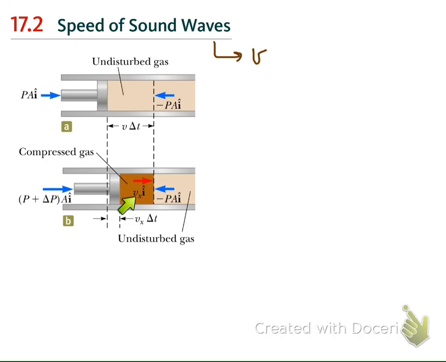That is, the velocity is Vx. Okay, this is valid only when delta t is very small.